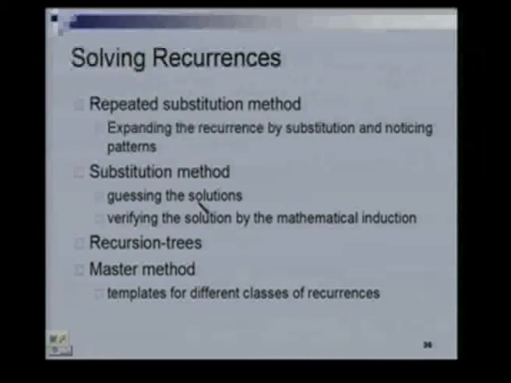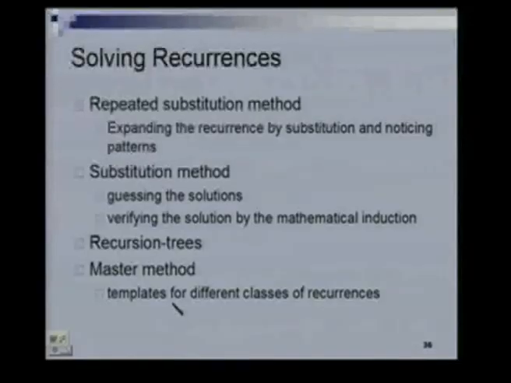In the course of this course, we will perhaps see examples of this way of solving recurrence relations. There is a third method called the master method, which basically says that if a recurrence is of this kind, then this is the solution for this recurrence, and you just plug in the values of a and b and you get your solution.